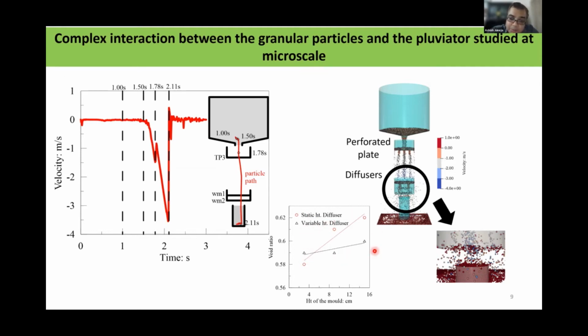Please look at the small figure at the bottom, and I hope you have a front row seat by zooming in onto the PPT presentation. What you see is the sample quality with a variable height diffuser. This is what we would normally advise. The diffuser should be able to move up as the particles get filled up in the container, obviously because you want a constant height of fall.